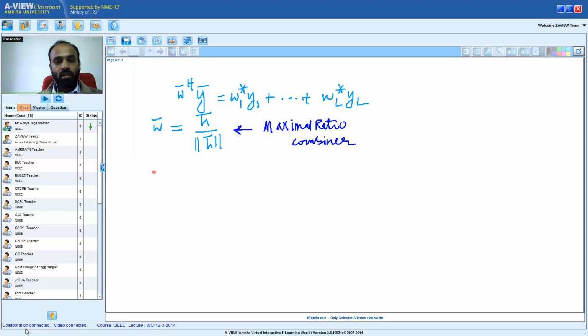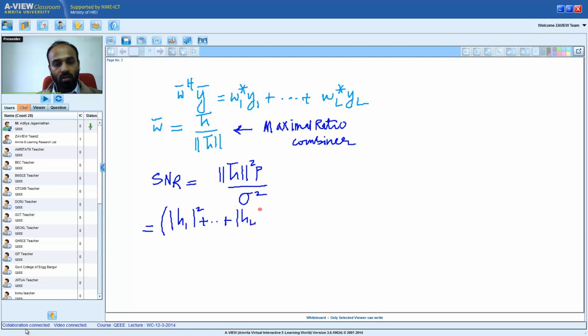Therefore, the SNR at the receiver, when I use the maximal ratio combiner, equals norm H bar square P over sigma square, which equals magnitude H1 square plus up to magnitude HL square, times P over sigma square.